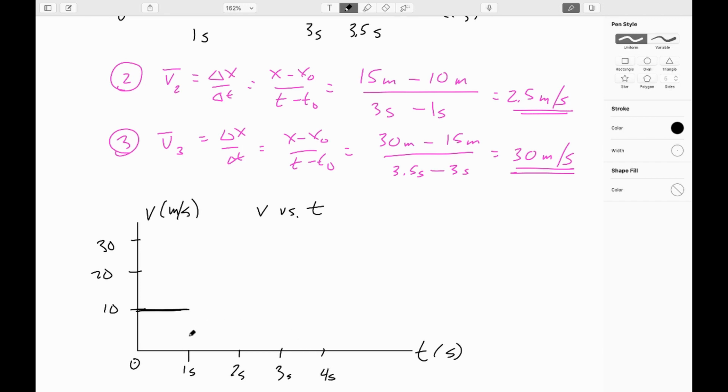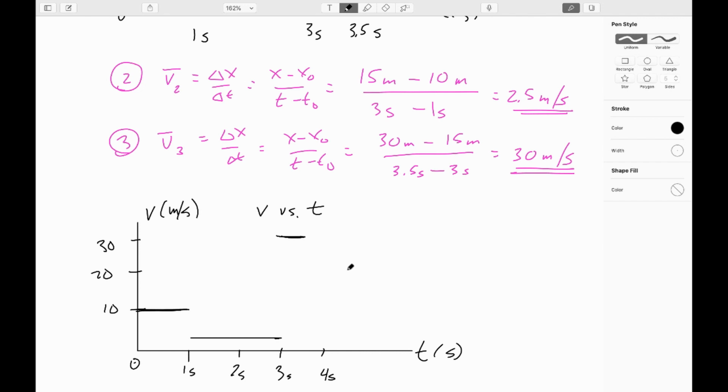Then from t equals 1 second to t equals 3 seconds, there we go. The graph would look something like that, just an unchanging value at 2.5 meters per second. Then finally, for the last half second of motion, it should be going constantly at 30 meters per second.